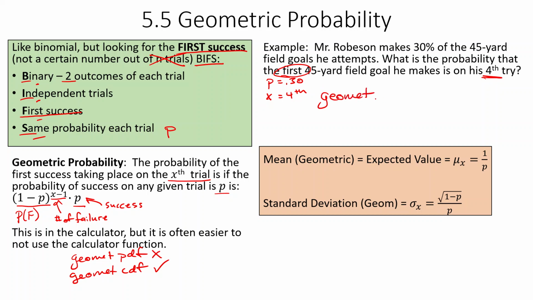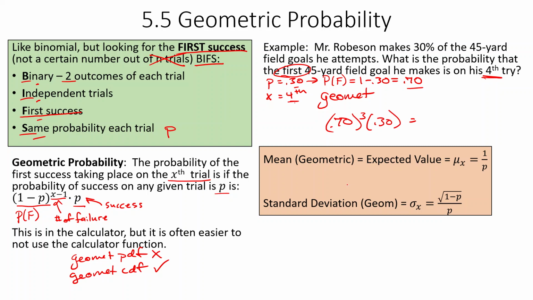We're asking exactly about the fourth. So if this is success, then failure would be 1 minus 0.30, which would be 0.70. We're going to have that happen 3 times, so it's going to be 0.70 to the third. And then on the fourth try, we're going to get this success, 0.30.